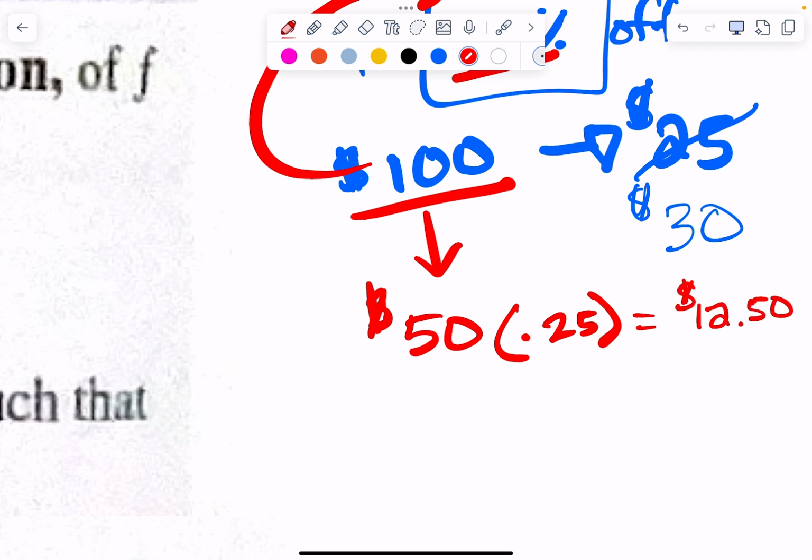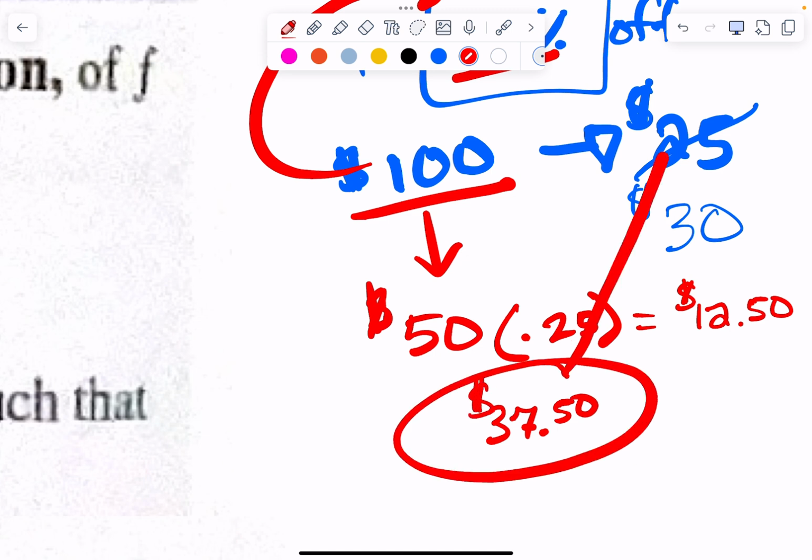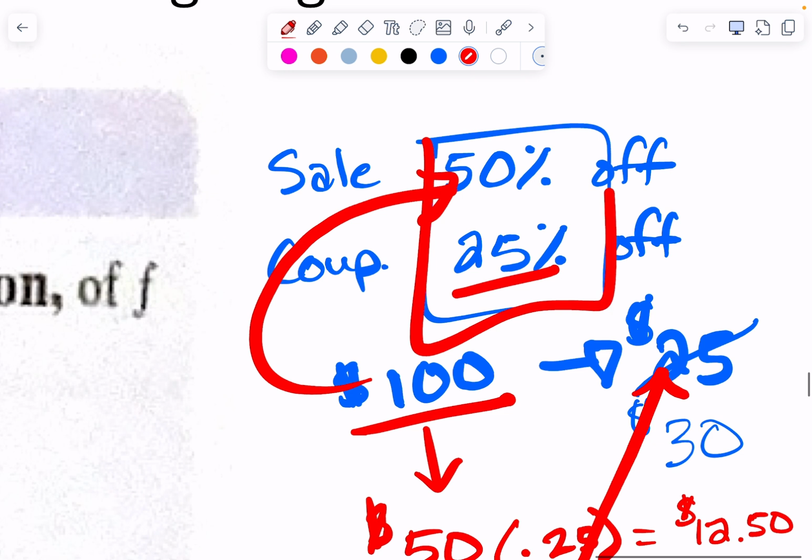So that means the item is now $37.50 and not $25 like they thought, right? Because you don't add the percentages together, you stick one of them inside of the other. After I figure out the 50% off, I then do the 25% multiplied by that. It's not adding the two together, okay?